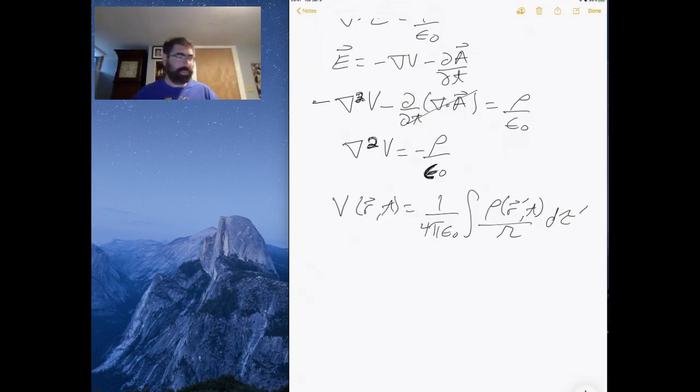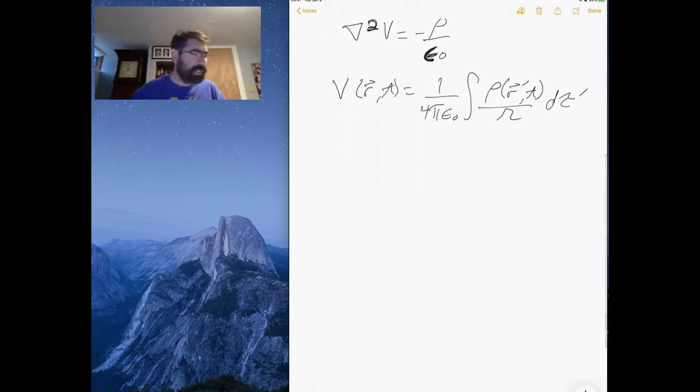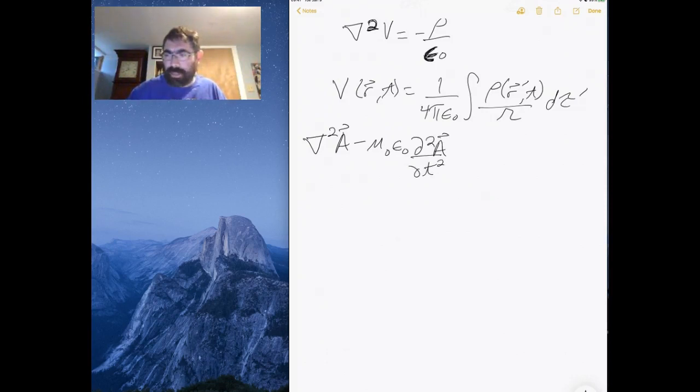Now if I put this into my second-order differential equation, what I will get is the Laplacian of A minus mu 0 epsilon naught, the second derivative of A with respect to time, equal to minus mu 0 J, the current, plus mu 0 epsilon naught, the gradient of the time derivative of V, like so.